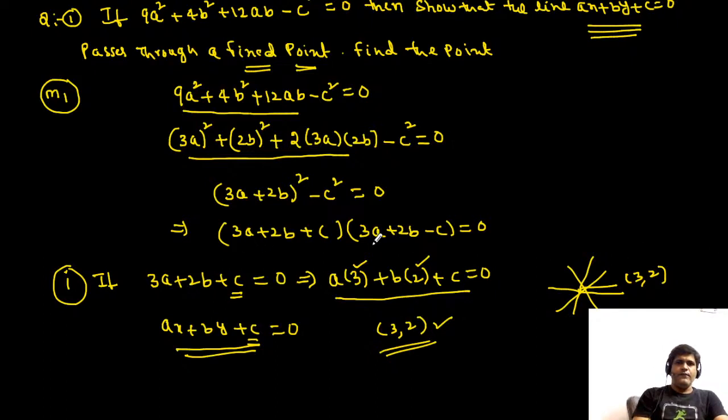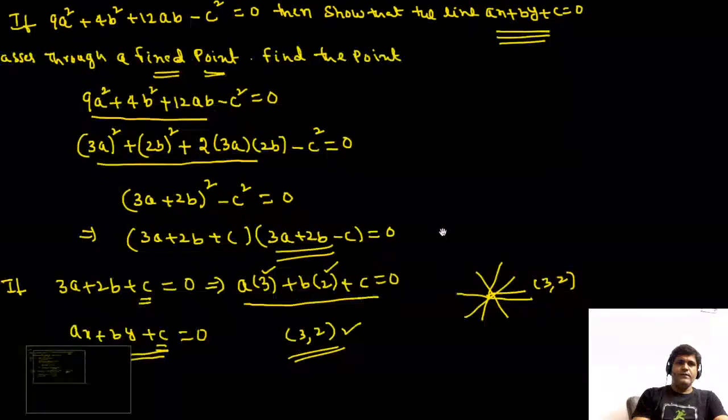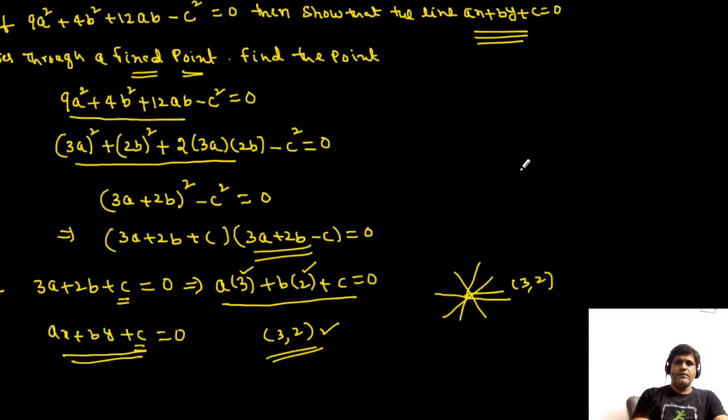Similarly, if the second one is 0, that is, number 2, if 3a + 2b − c = 0, but the given family is ax + by + c = 0.